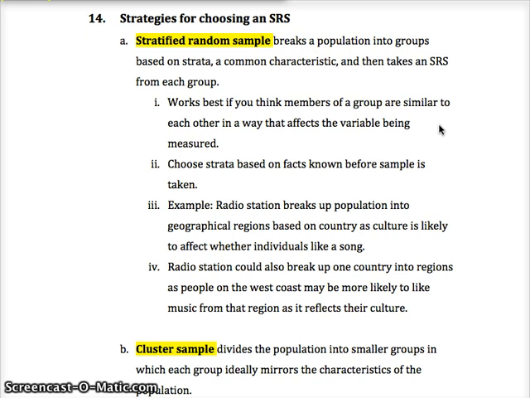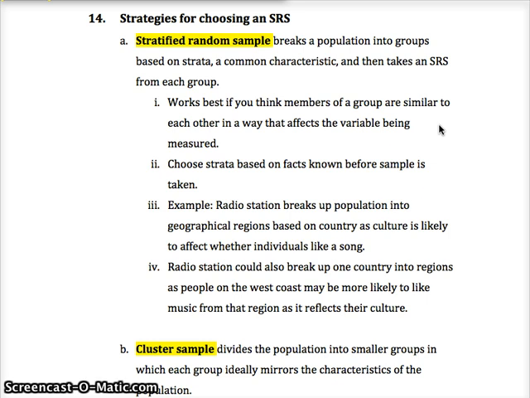So we can break people up. So if I thought, for example, that the county within which you lived in California affected who you're likely to vote for governor, I could sample the same percent from each county and then take an SRS of each county. And that way I make sure that I have members of each county represented in my data.